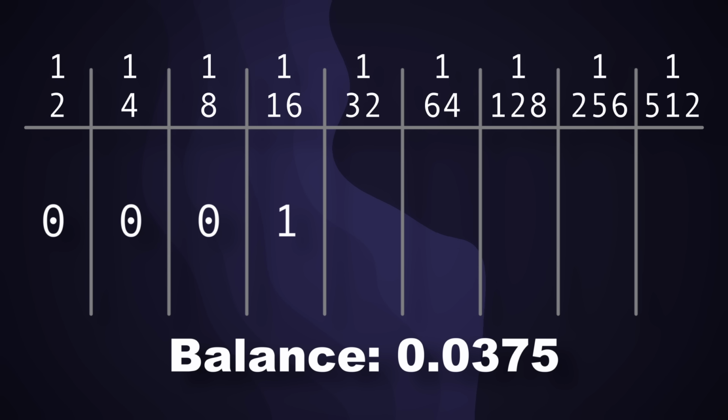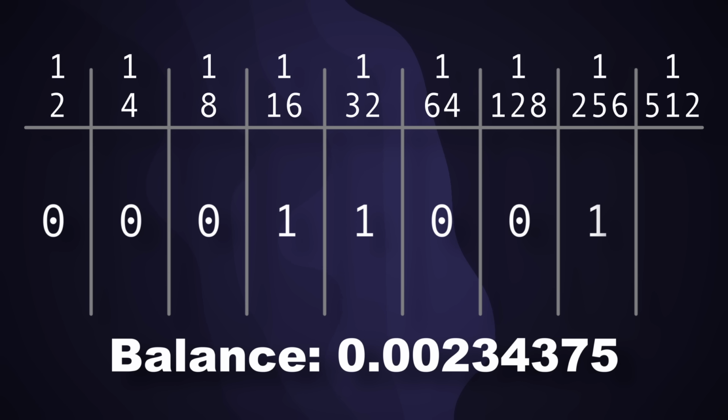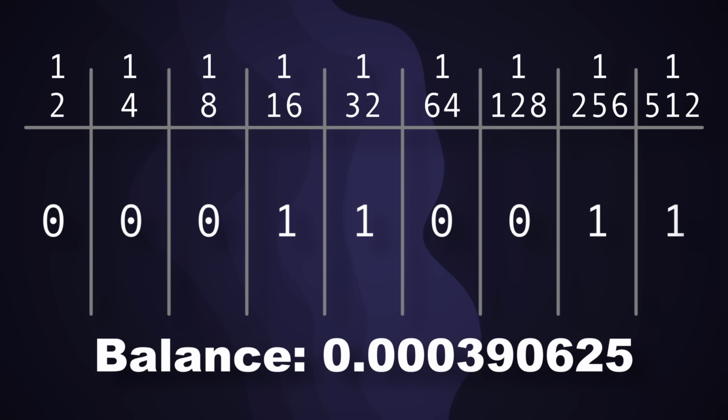Next, 0.03125. Okay, I'm using fractions from now on. But yeah, that's small enough, leaving us with 0.006250. Perfect. Next, we have a 16th, which is just too big, a 128th, which is too big, a 256th, which is just small enough, and then a 512th, which is also just small enough, however, not quite.